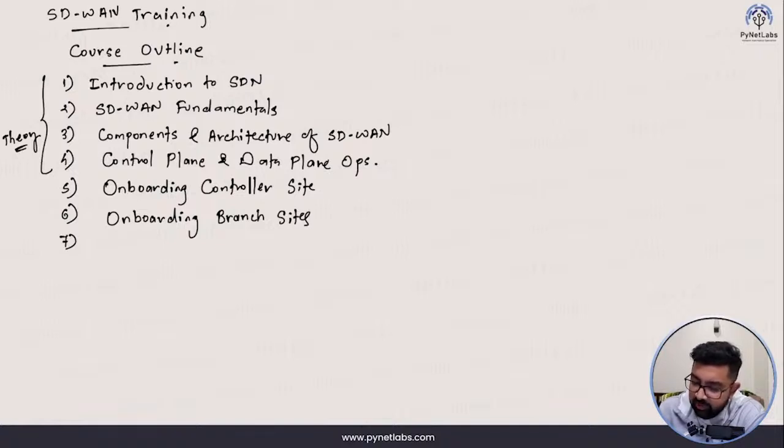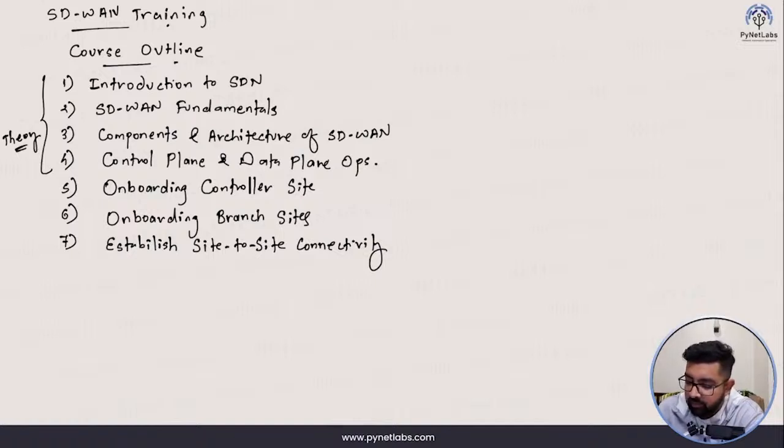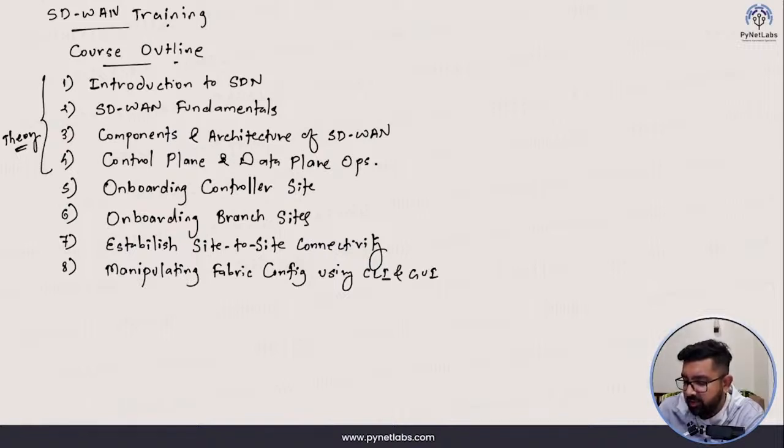Then we will establish site to site connectivity between different branches that have become part of the SD-WAN fabric. And after that, we will be speaking about manipulating fabric configuration using both CLI and GUI methods.